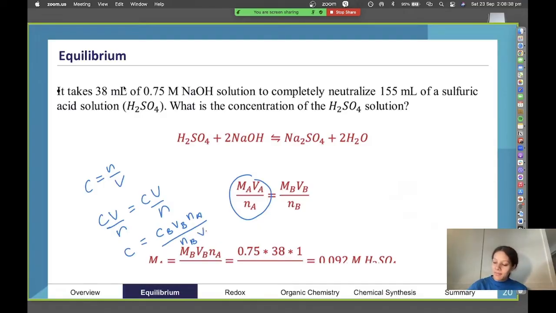So if we sub all those values in, we end up with 0.092 molar of sulfuric acid.